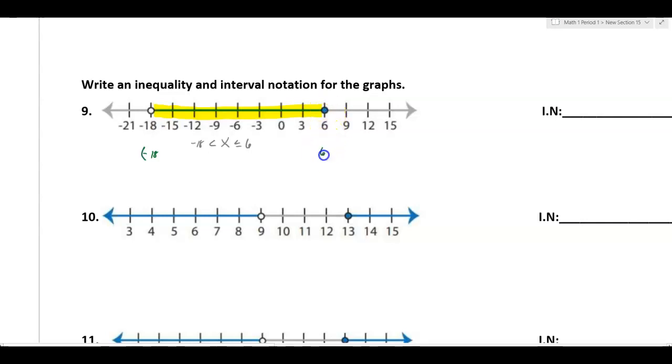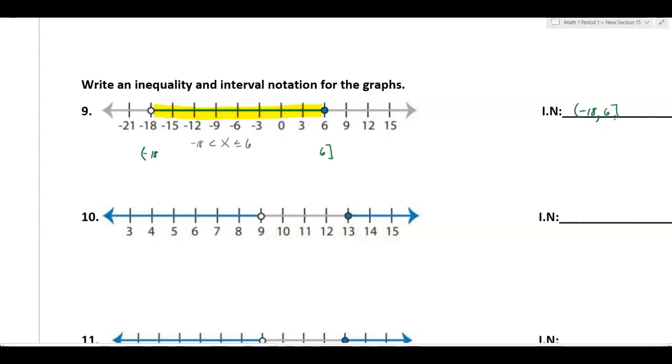It ends at 6. Since it's a closed dot, it'd be a square bracket. So our interval notation would be round parentheses, -18, and it continues all the way to 6. Since 6 is included, we would use a square bracket. Now again, that's telling me the solutions to the inequality start at -18 and go all the way to 6.